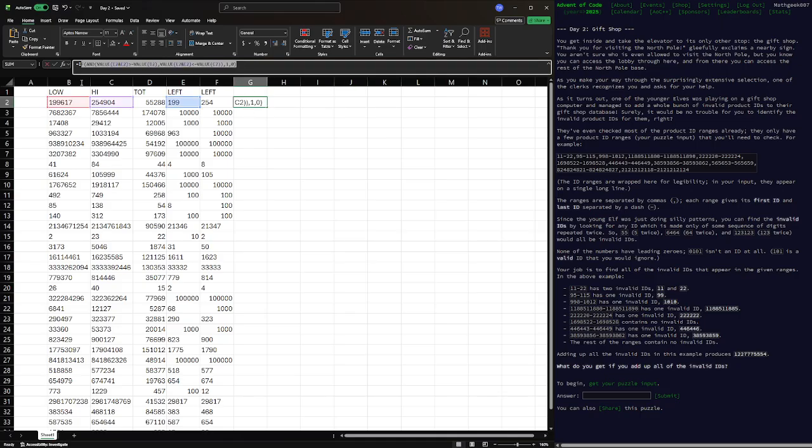Okay, so now it adds 1 if it does run over, otherwise we can start at... So what I'm going to do is 0 and -1.